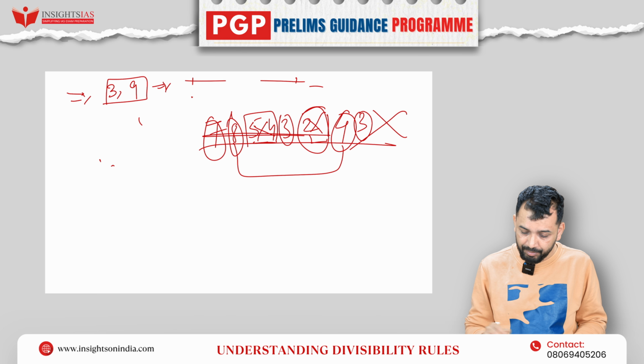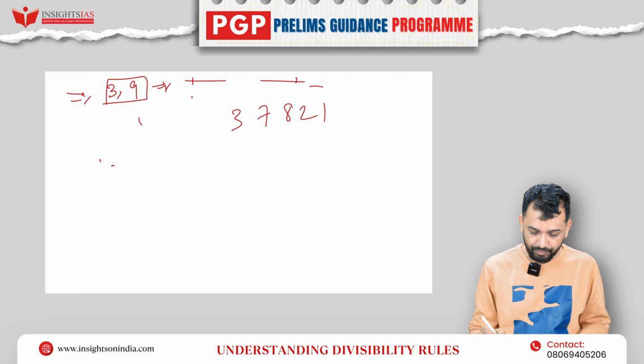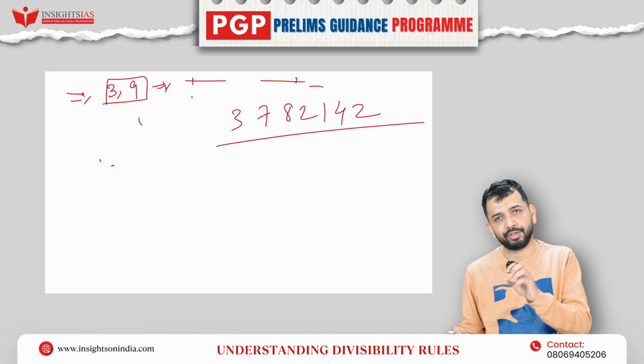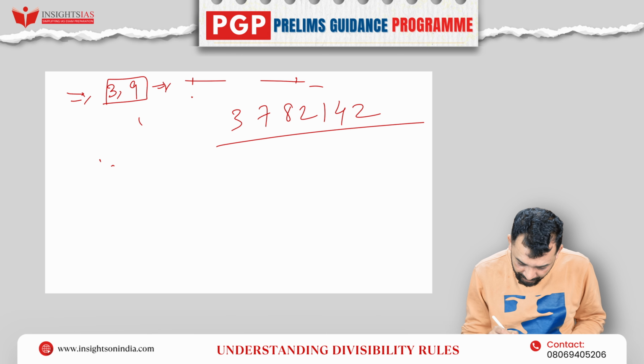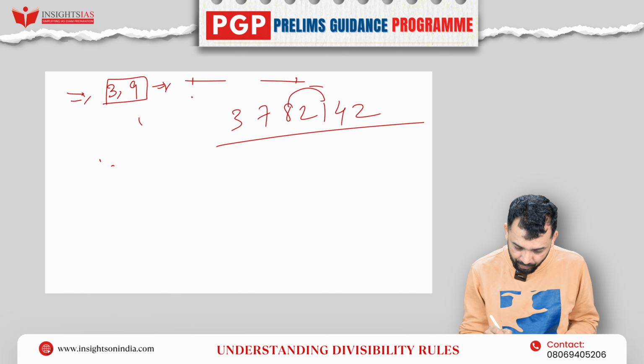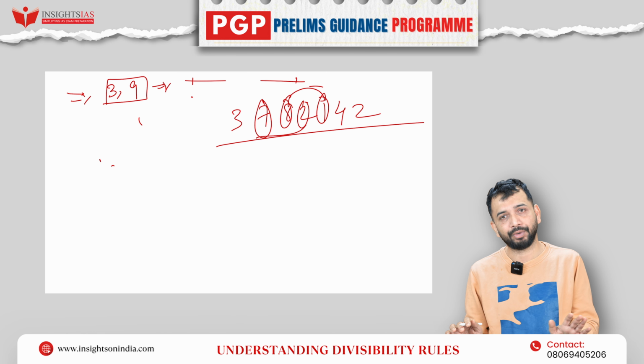So similarly, if the number is something like this, and I want to check whether the number is divisible by 9 or not. Now you know that 8 plus 1, 9, multiple of 9. So this is one group, you don't need to add them. Similarly 7 plus 2, 9, you don't need to add them.